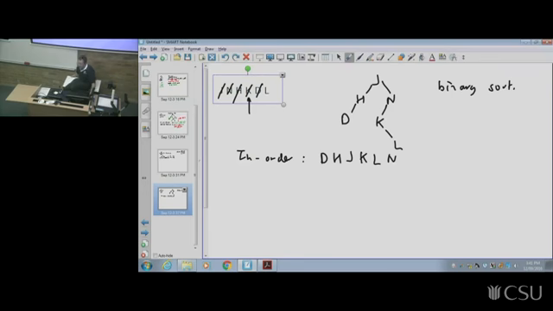This particular sorting is not the best way of doing it, because it's very highly dependent on how you add the nodes to the tree. It works most efficiently when you get a very balanced tree. So this one's not that balanced. You could refactor.